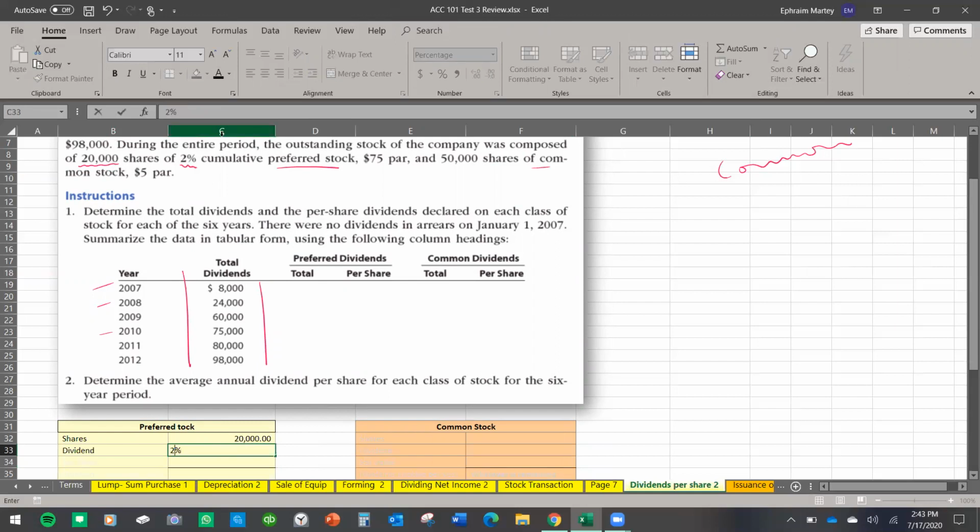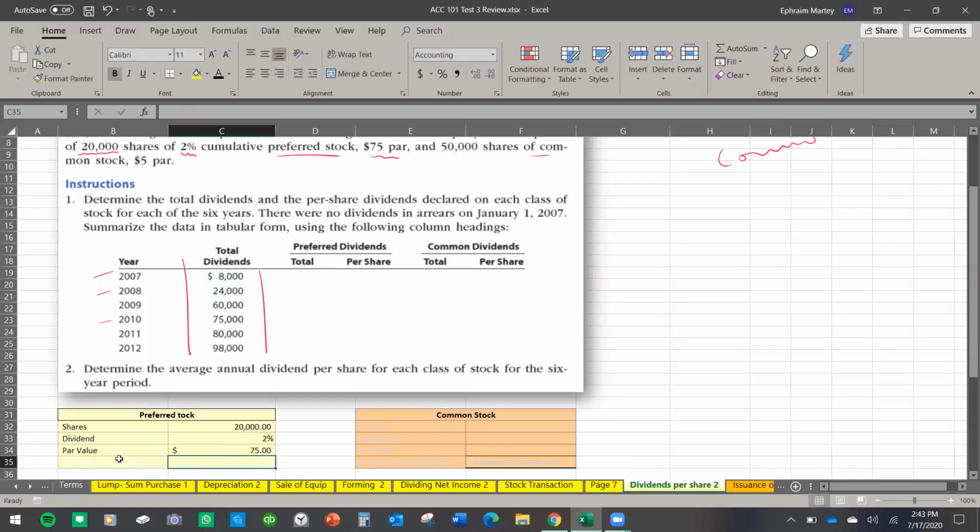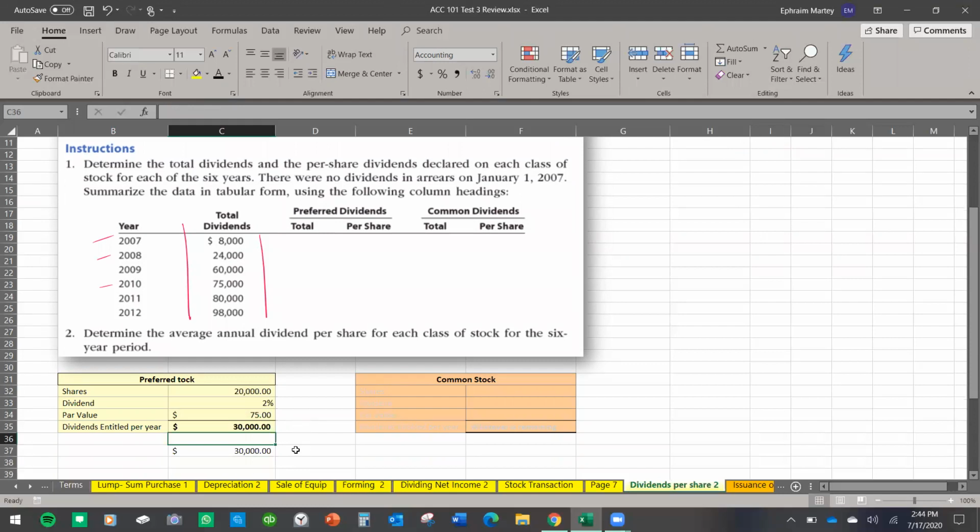And what's my par value? The par value is $75. So how much do I have to pay them each year? I multiply this by that by this. Each year I need to pay them $30,000 for preferred stock.